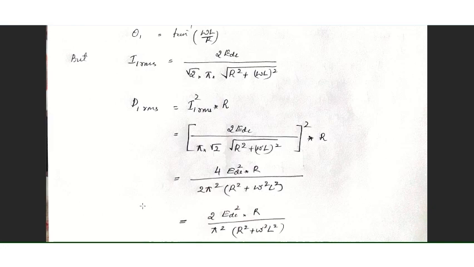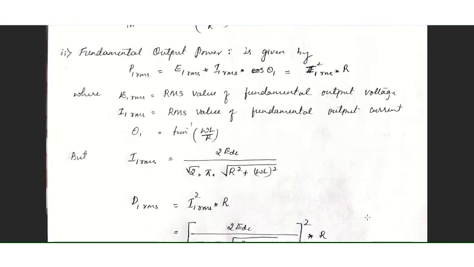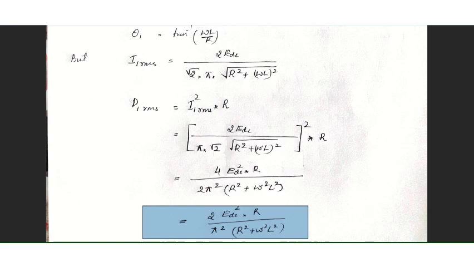Finally, simplifying, the fundamental output power is 2 EDC square R by pi square into R square plus omega square L square.